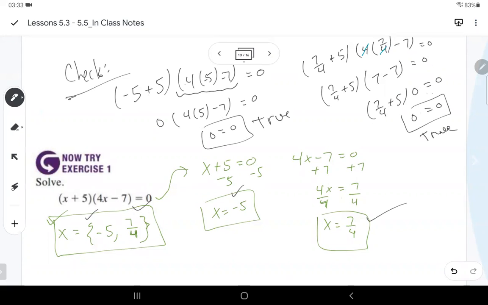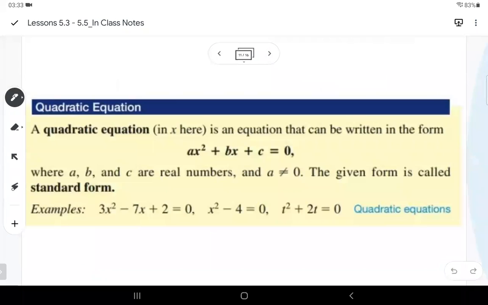Okay, so now we have that really good slide for you. Here's what we're talking about when we say quadratic equation: ax squared plus bx plus c equal to 0. This is a reminder of what standard form is, and we typically almost always will try to have a positive in the front.